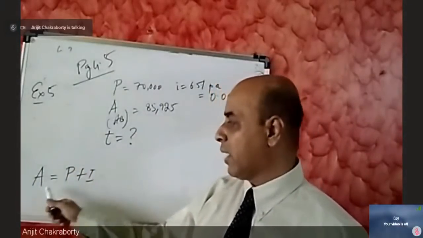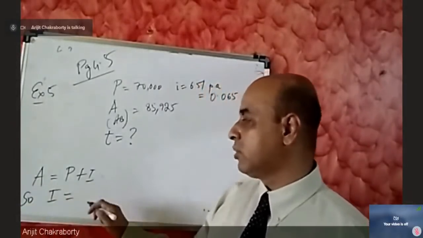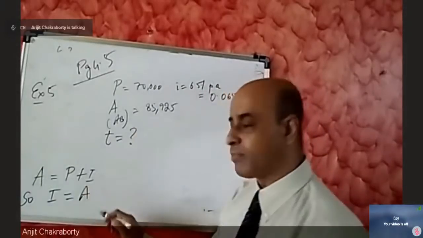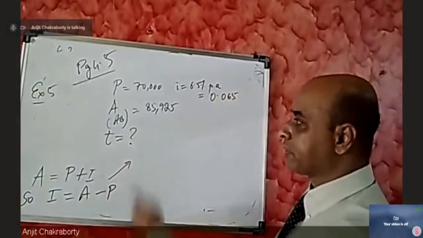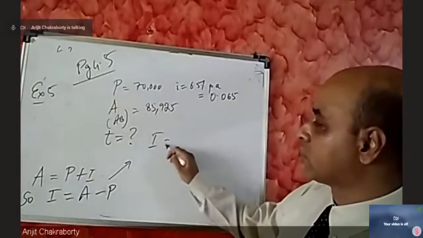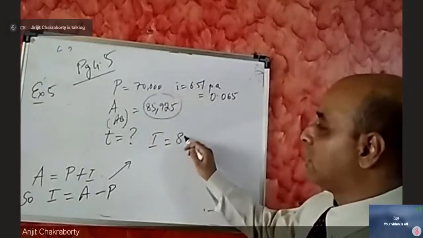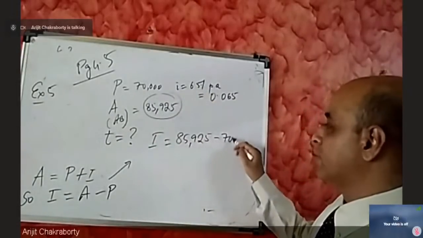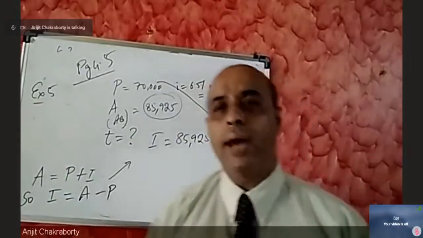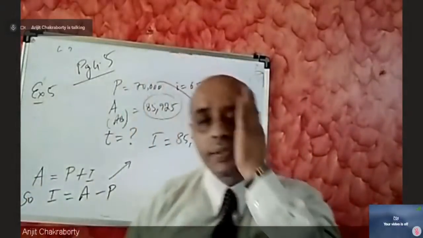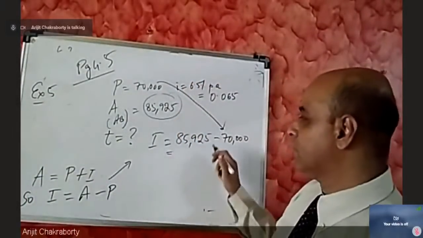So, interest is equal to accumulated balance minus principal. Accumulated balance is 85,925 minus 70,000. Principal is 70,000. So the accumulated balance minus the principal amount gives you the interest. How much is this? This comes to 15,925.